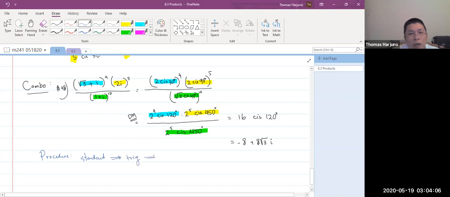That way we can use the Moivre's, the product or quotient, right? And then we will simplify, we will get the trig form, and then we change it back into standard form. That's the plan.